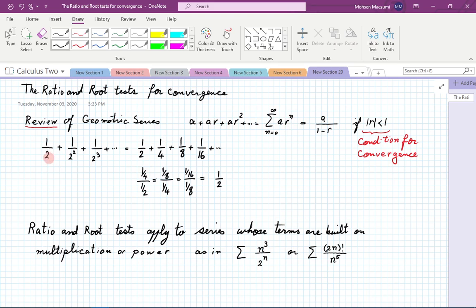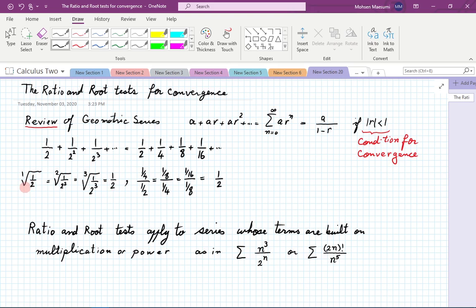Of course, if I take the first root of 1/2, or if I take the second root of 1/2 squared, or if I take the cube root of 1/2 cubed, in all of these cases I get the same factor 1/2.